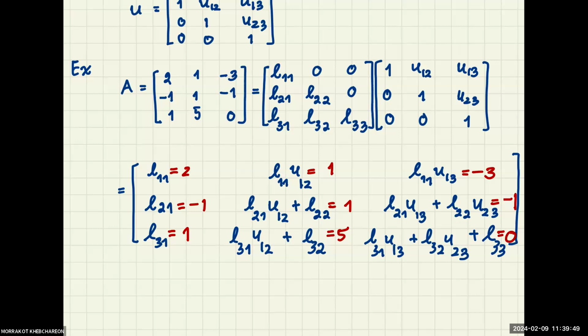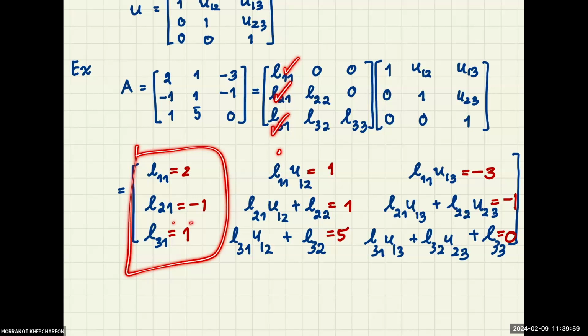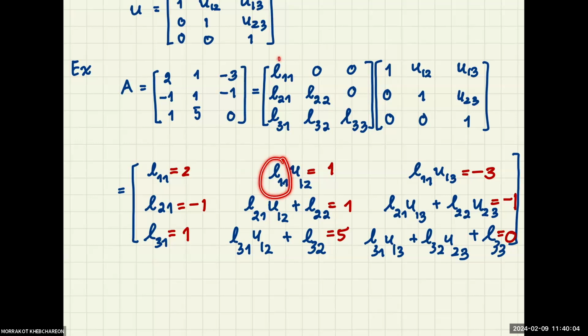So you do this. And let's see. For this, you get L11, L21, L31. Now you know L11, you will get U12. You know L11, you get U13, right?